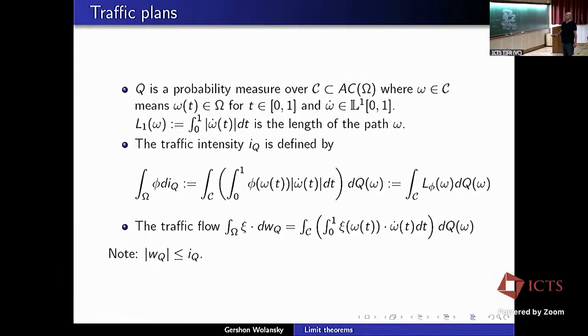This is called the phi-length of W. If phi is 1, that's just the length of W. If phi is not 1, it's the length weighted by phi. So this gives us a linear functional of phi on the set of continuous functions, and this is a measure.